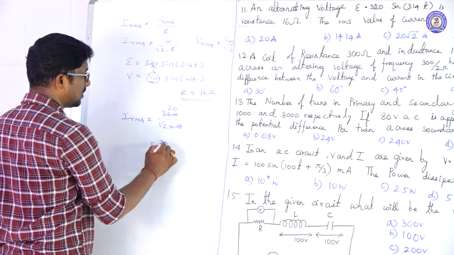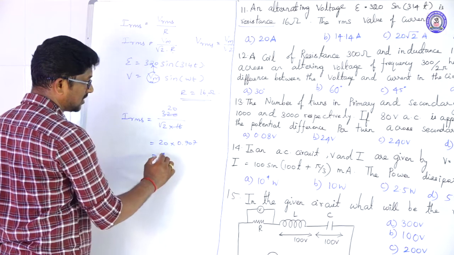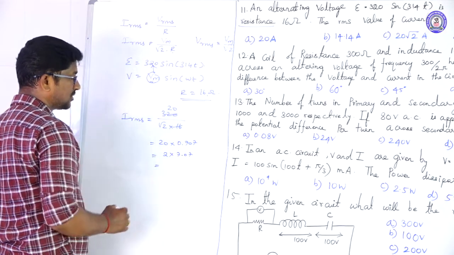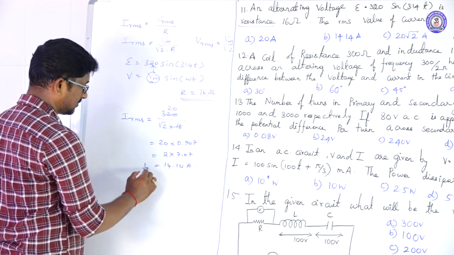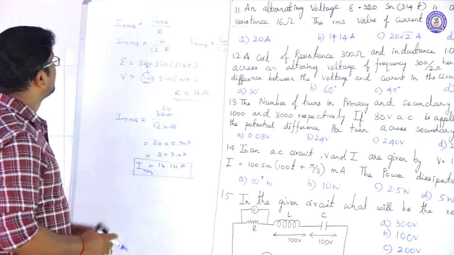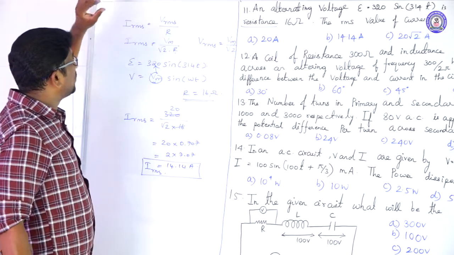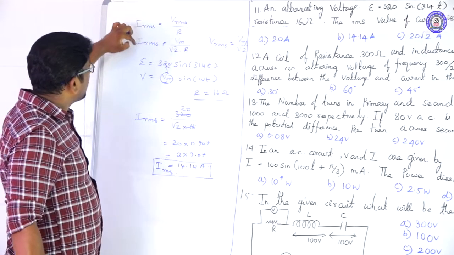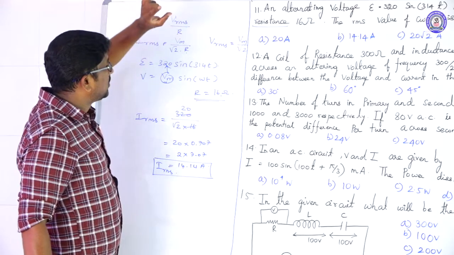20 into 1 divided by root 2, 0.707, so 20 into 0.707, 14.14 ampere. In the resistive circuit, the relation between RMS current and RMS voltage is IRMS is equal to VRMS divided by R. Therefore, IRMS is equal to Vm divided by root 2 into R, using the relation between RMS value and the peak value.